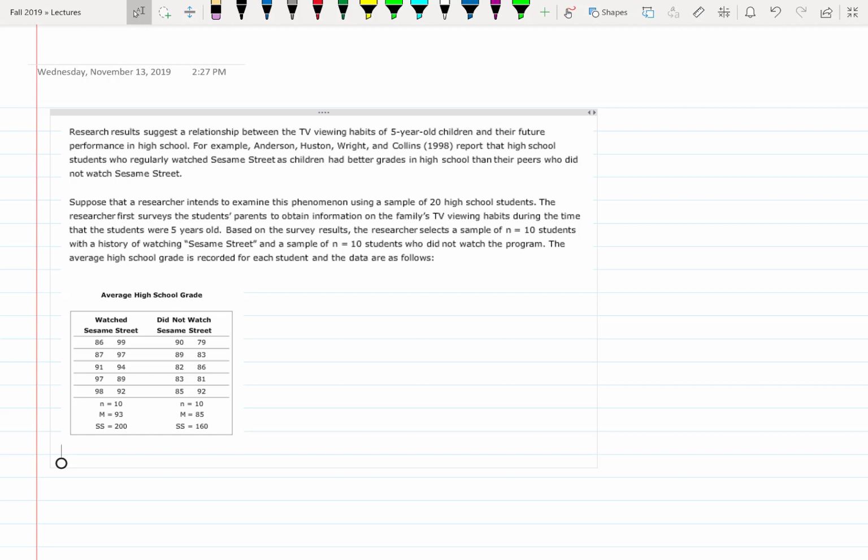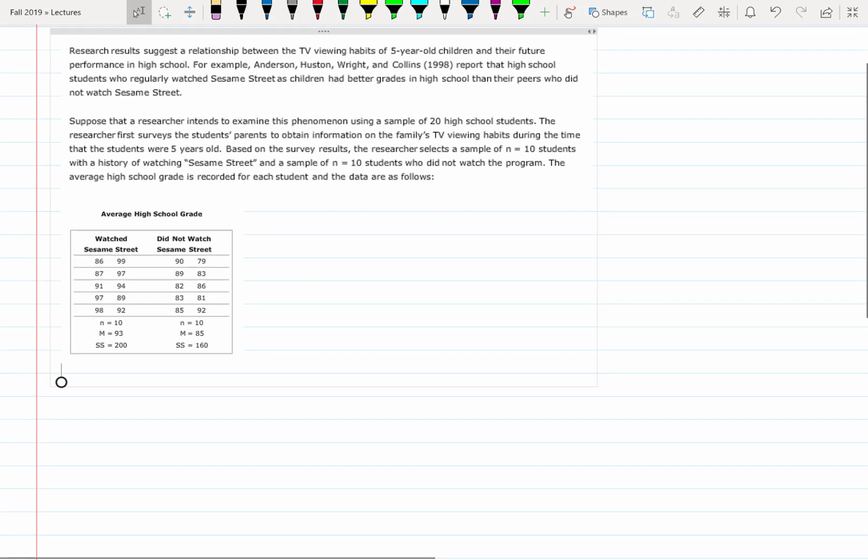We have 2 separate groups. One watched Sesame Street, the other did not. Conveniently here, the textbook authors have provided us with our sum of squares and our means and Ns, so we don't have quite as much work to do as we would normally have to do.